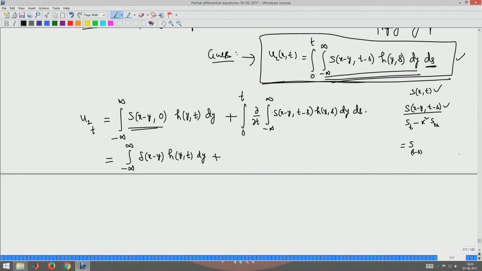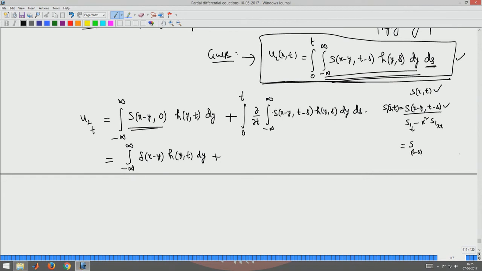So, for that you need S t minus alpha square S x x, which should equal S t, where t is now t minus s, okay. So, S is a function of x minus y; you call this S1 of x, t, and you want to calculate S1 t and S1 x x.